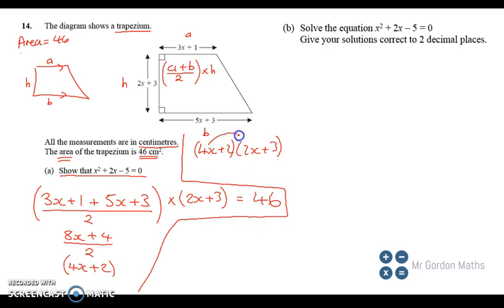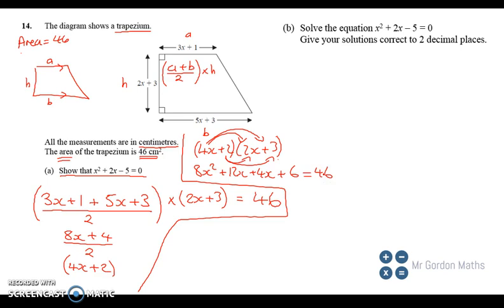We're going to multiply out two brackets. 4x times 2x is 8x squared. Then we've got 4x times 3, which is 12x. 2 times 2x is 4x. And 2 times 3 is 6. And that equals 46.